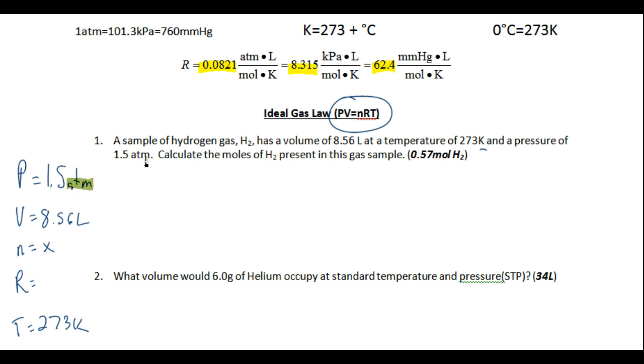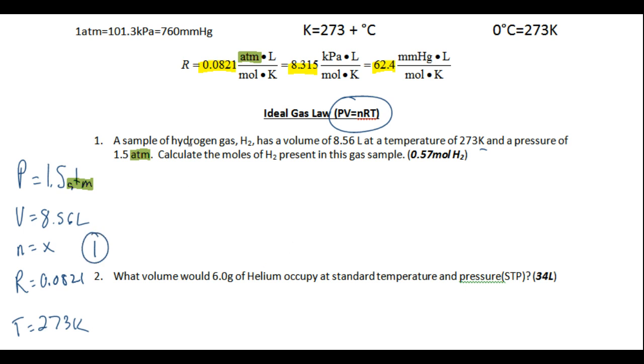So here atm is our pressure unit, and the number that I choose coincides with the proportionality constant that gives me my R value. So at atm, as opposed to kilopascals or millimeters of mercury, the number that I use will be the 0.0821 number. So that's the first step of taking inventory.